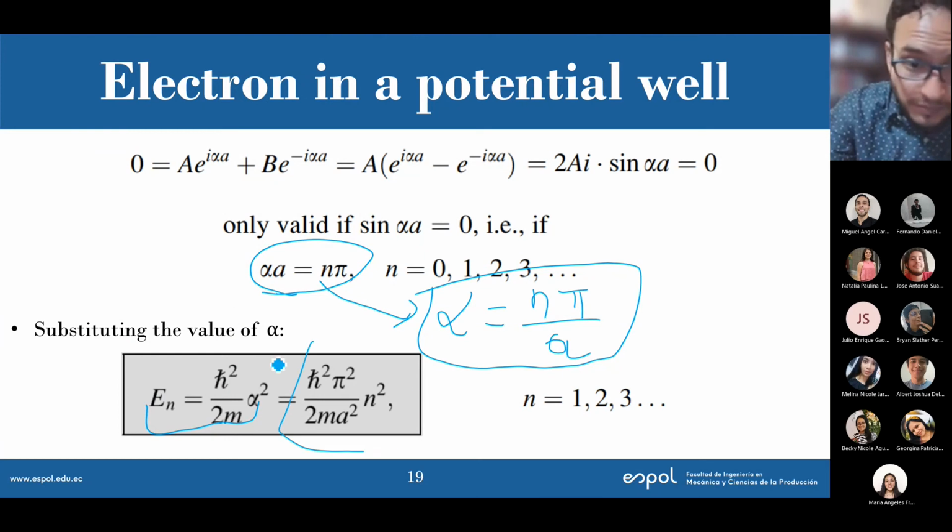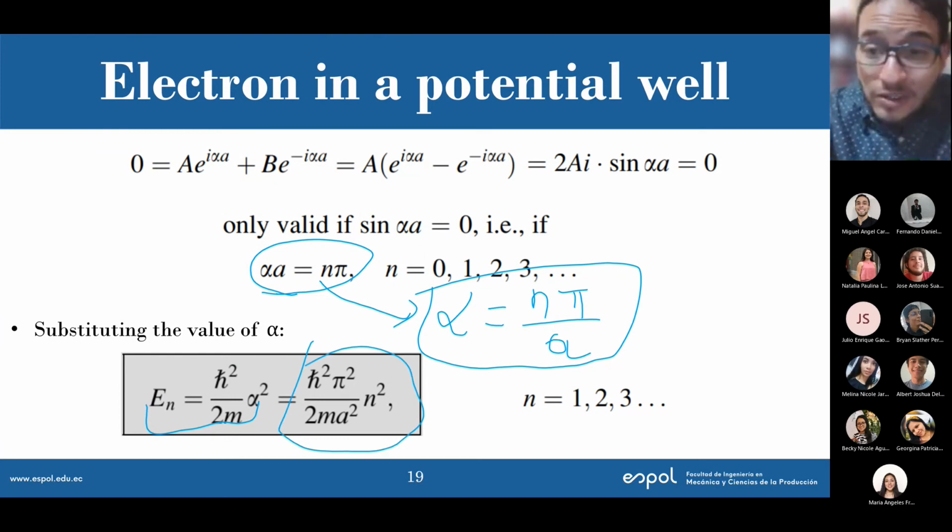And we get this. That's the energy now. As long as n is equal to 1, 2, 3, n is not going to be 0 really, because the energy itself is not going to be 0, right? But it can take any integer value, right?